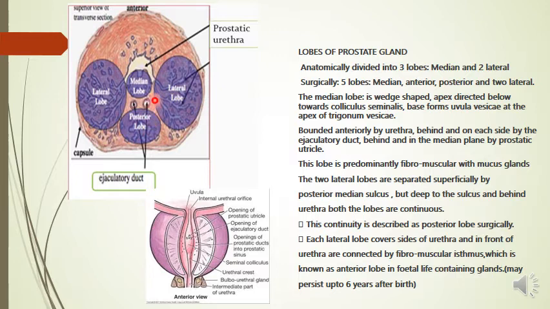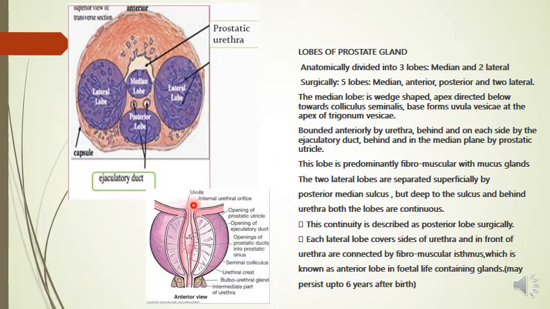So the median lobe is wedge shaped and the apex is directed below towards the colliculus seminalis. So here, this is the bulge in the urethra, which is called the colliculus seminalis. So that colliculus seminalis is related to the median lobe, and the base forms the uvula vesicae at the apex of the trigonum vesicae.